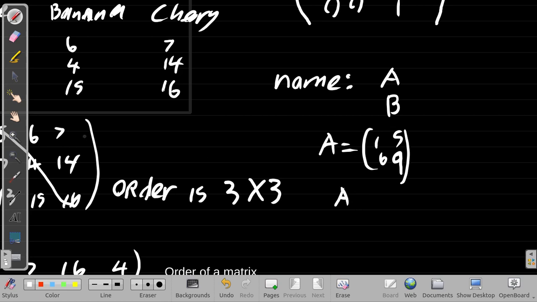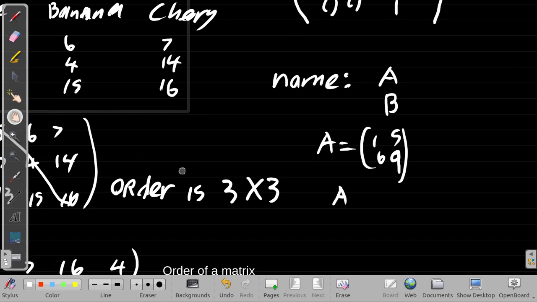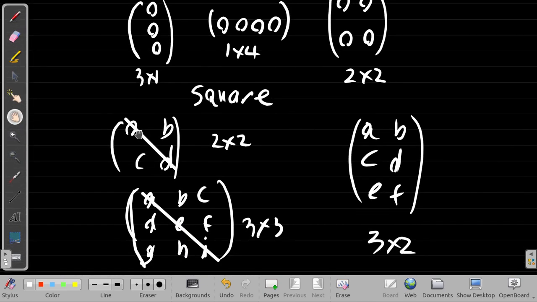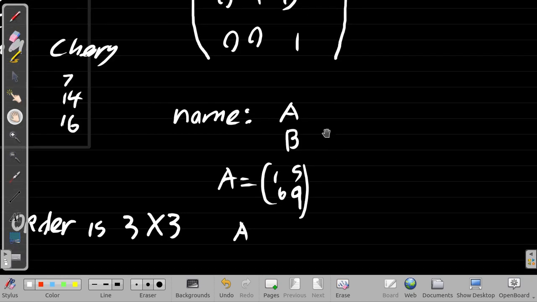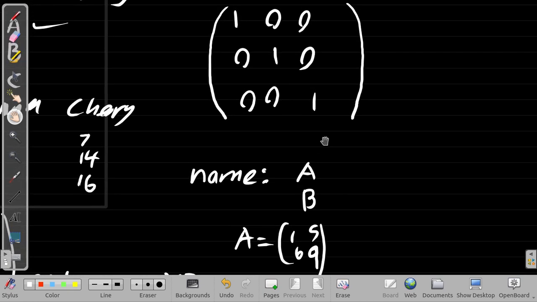And it must be capital, uppercase. When you write the elements in the matrix, they must be lowercase. But just like how people's names start with a capital letter, what they call a proper noun, the name of people or any other thing, you start them with an uppercase letter.